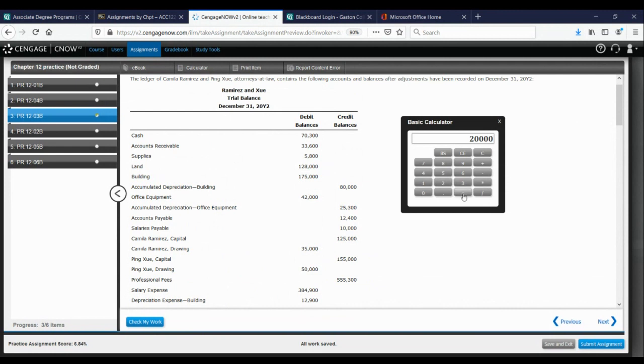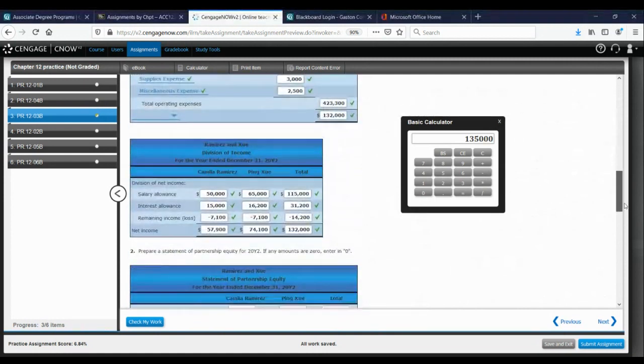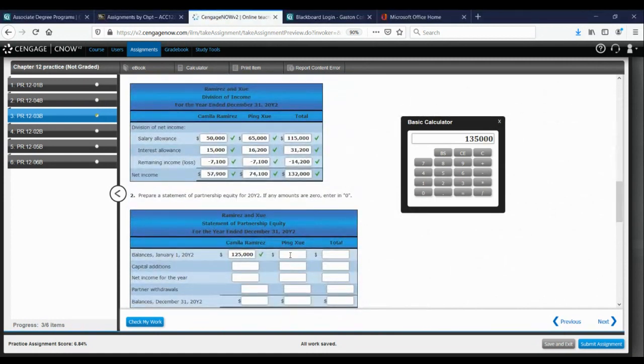The 20,000 was for the additional investment, and that kind of gets us backwards to find the beginning capital amount for you. Then we're going to use your beginning capital and Ramirez's beginning capital to get the total beginning capital.